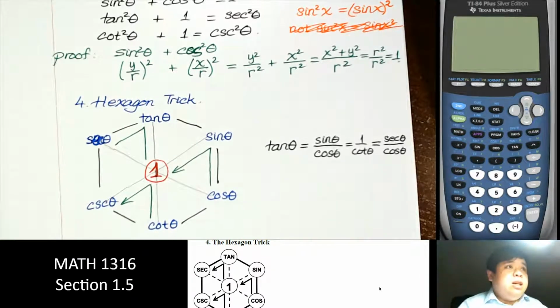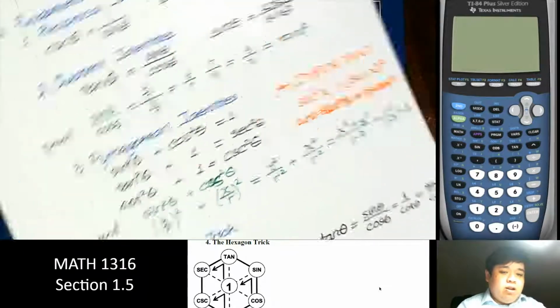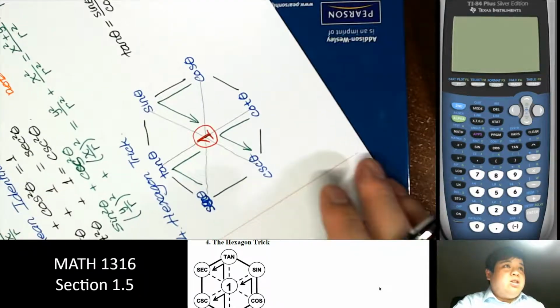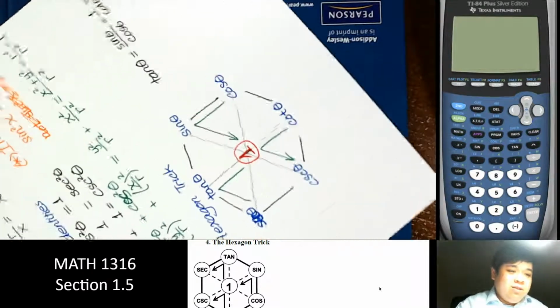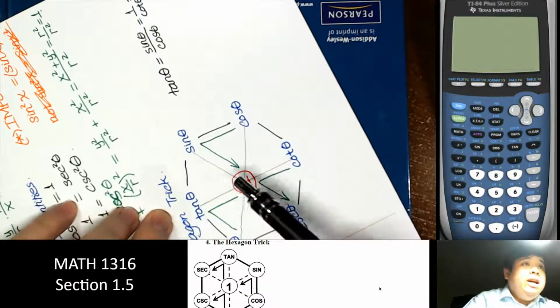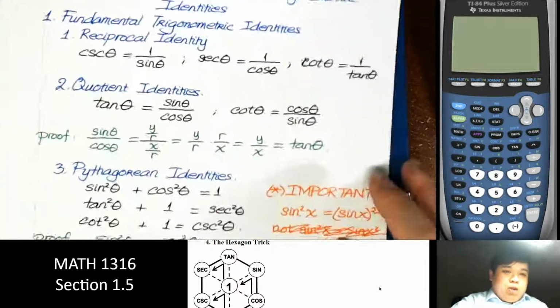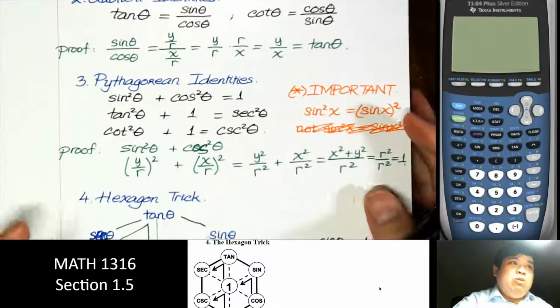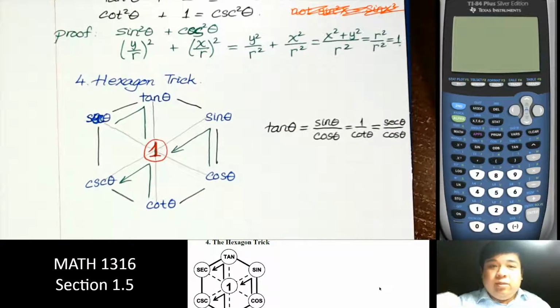I'll try something else. How about we put cosine on the top. Never mind, I should put this in the 3x5 first, and then we rotate.